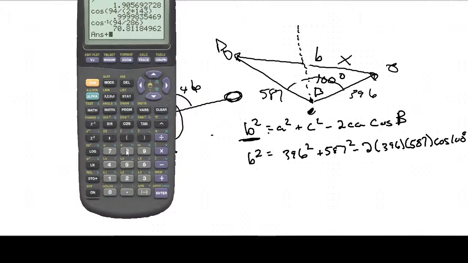So 396 squared. That's a big number. These numbers are gonna be huge. All right, so I got 156,816 plus 587 squared, 344,569, which is 501,385.